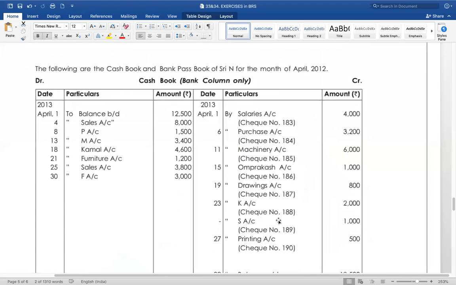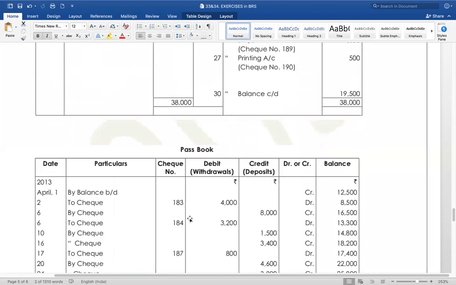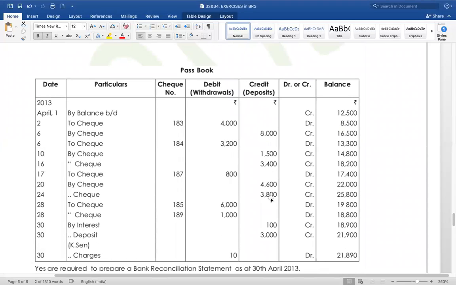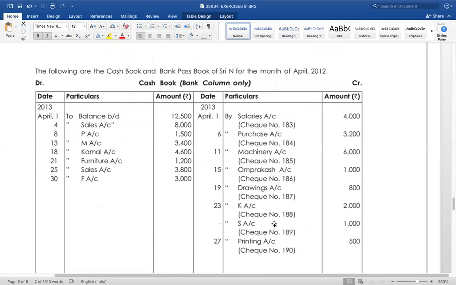There are some items appearing on the debit side of the cash book, but not appearing on the credit side of the passbook. What are they? This 1,200 is not appearing. Na? Jay Kishore, correct me if I'm wrong. I'm just taking your help, assistance. Is it correct? Yes, sir. 1,200. Checks deposited but not credited.